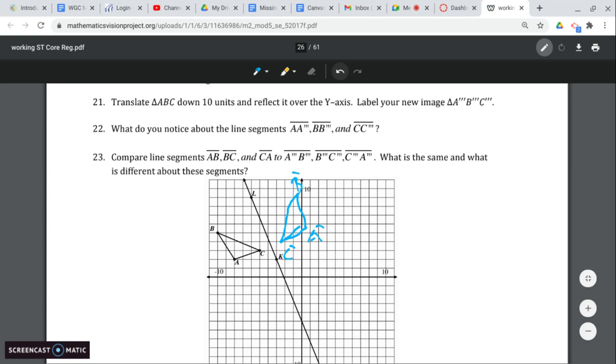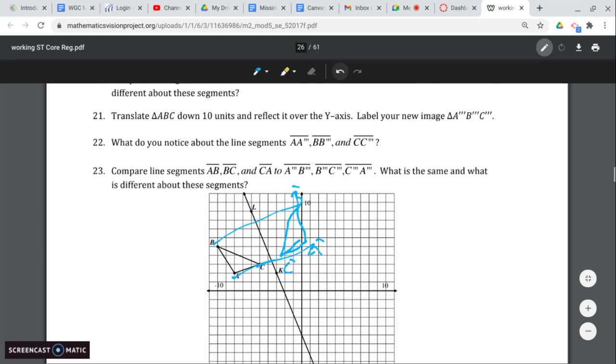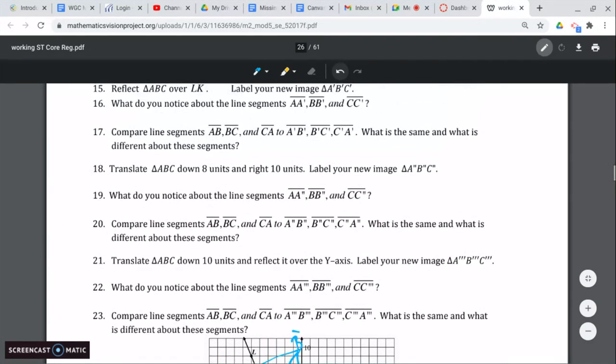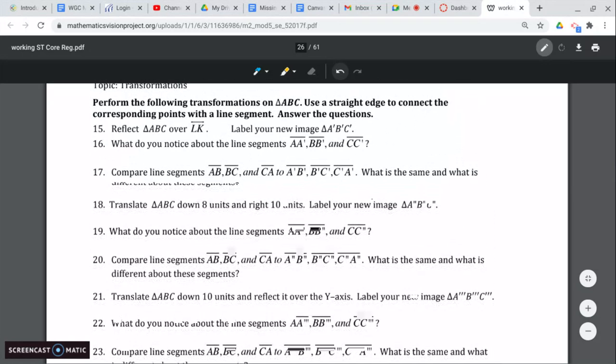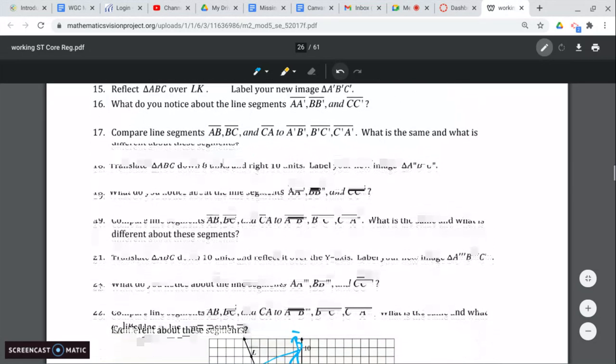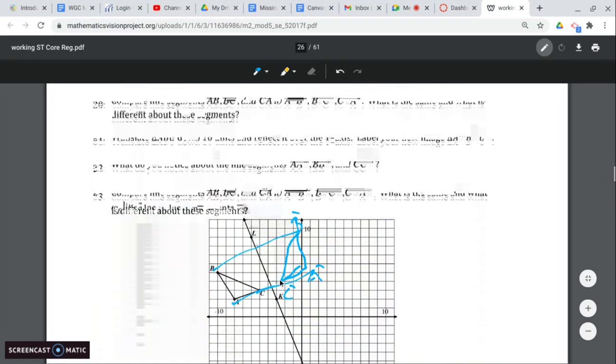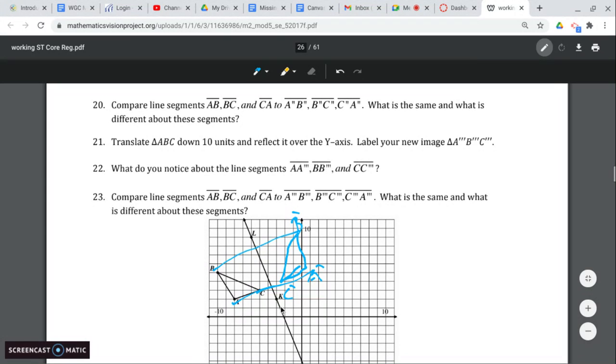So what do you notice about the line segments A to A prime, B to B prime, C to C prime? So if we draw these line segments in, I know mine aren't the greatest because mine's very off, but what we should notice about those is that they're all what to our line of reflection?